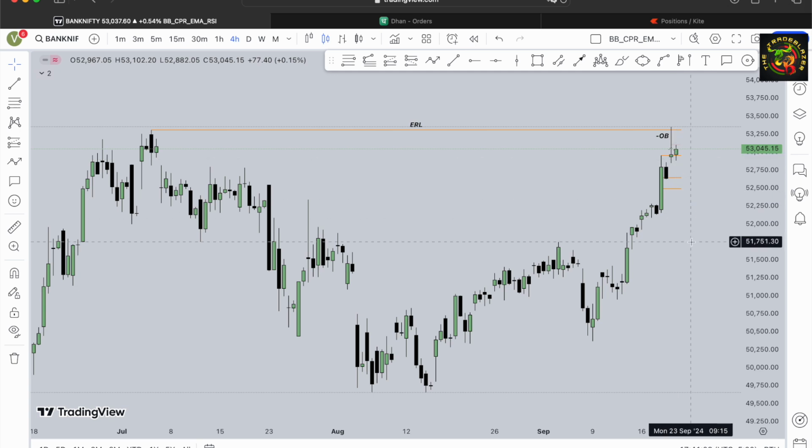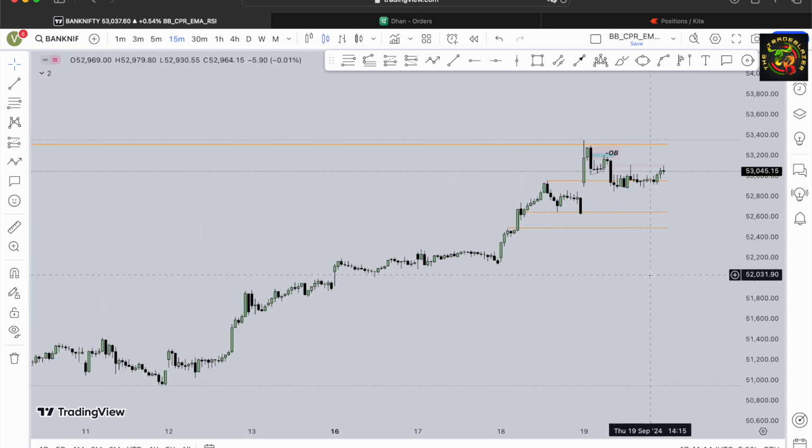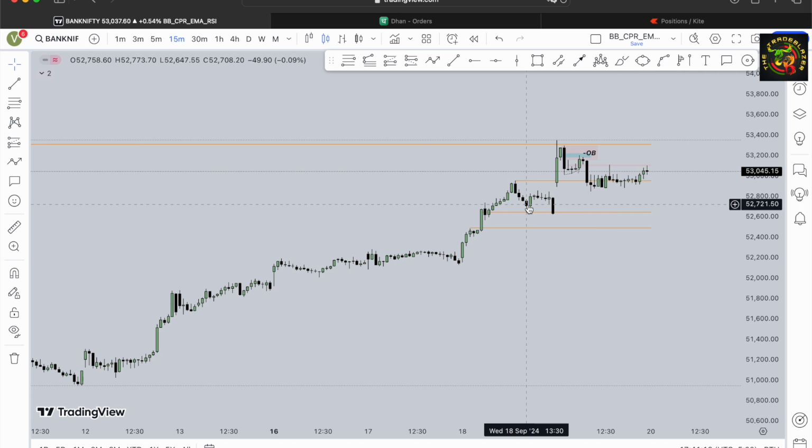Okay, and then if I switch to a lower time frame, you can see yesterday's price action. There was a little bit of selling towards the end of the day, right? And due to today's gap up, once the price opened gap up, all the sellers closed their positions.